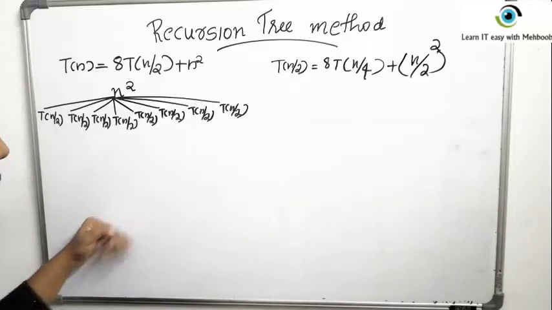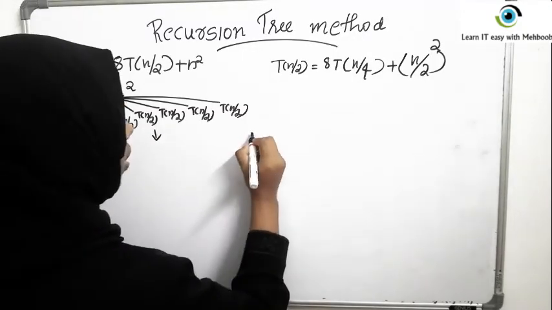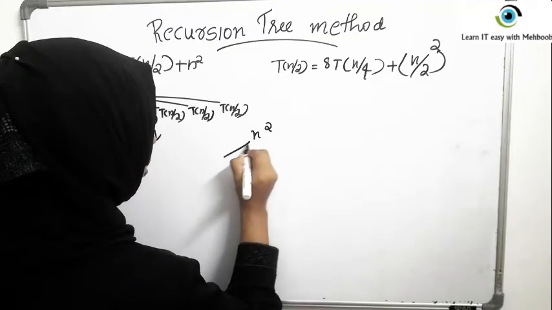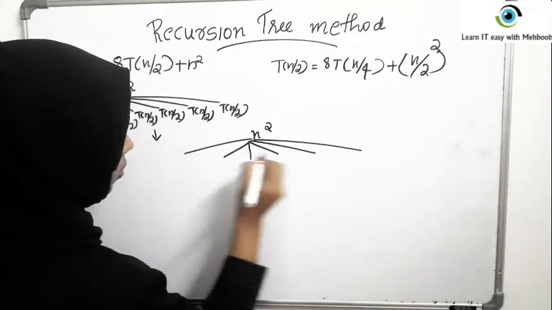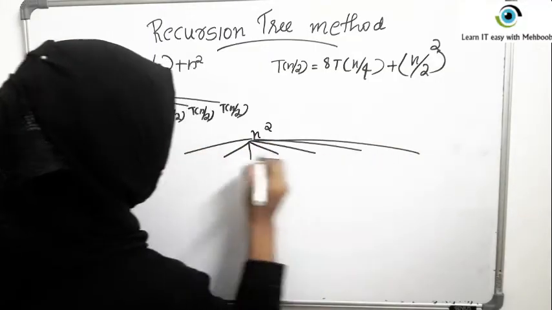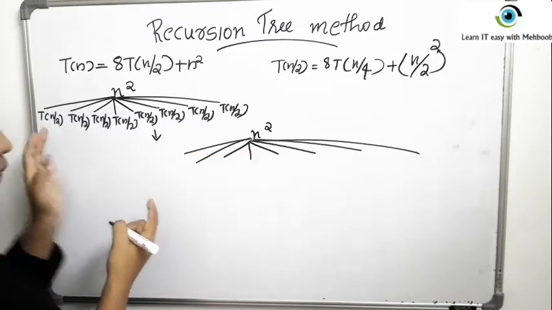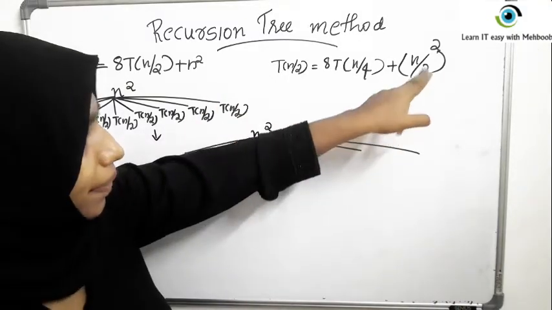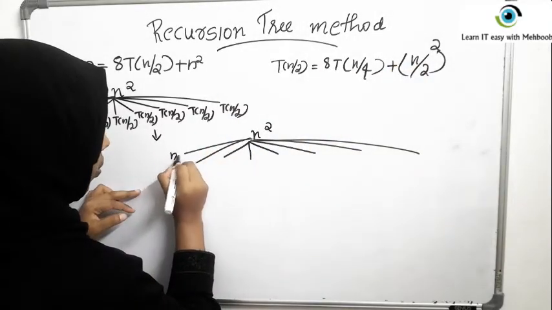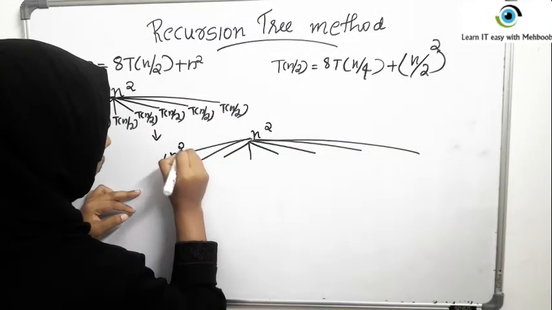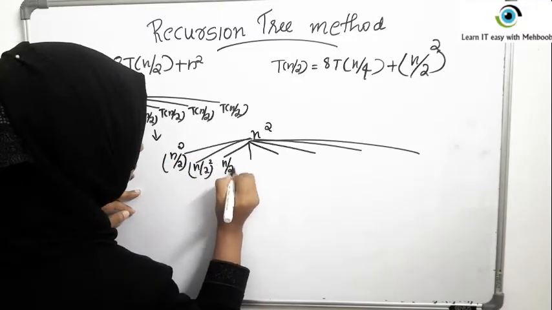So when we expand this to the next level, it will be n square and each T of n by 2, when it is expanded, the root node is n by 2 the whole square, isn't it? So n by 2 the whole square, n by 2 the whole square. These are the root nodes.